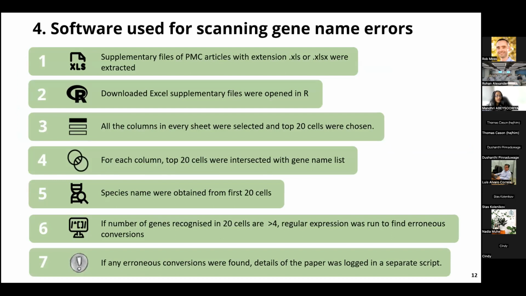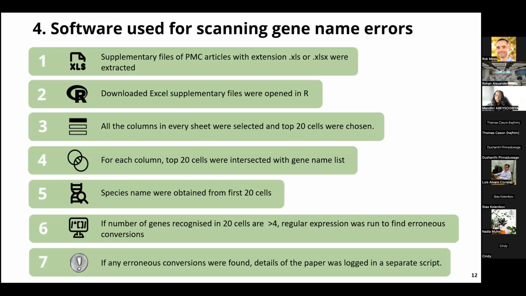So this is the step where we use the software to scan for gene name errors. Supplementary files from the PMC articles with the extension XLS or XLSX were extracted. As you know, these are the file extensions for Excel spreadsheets. And then each of the downloaded Excel supplementary files was opened in R. All the columns in every sheet were selected and the top 20 cells were chosen.